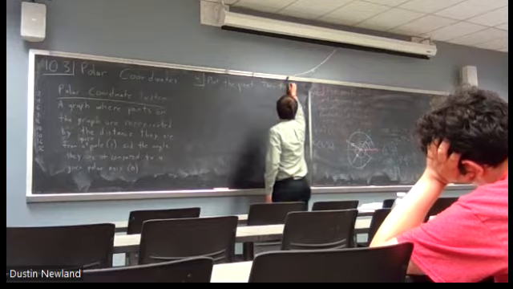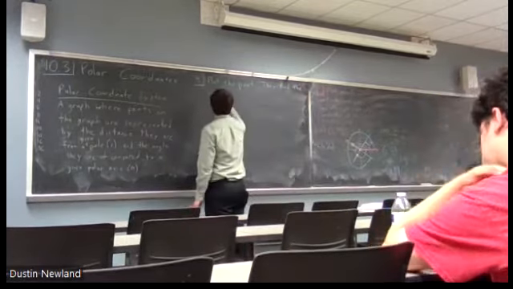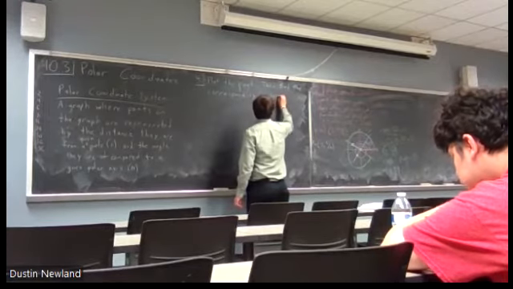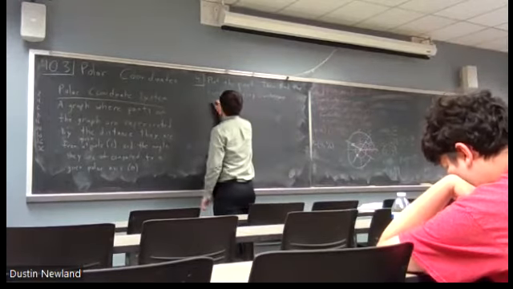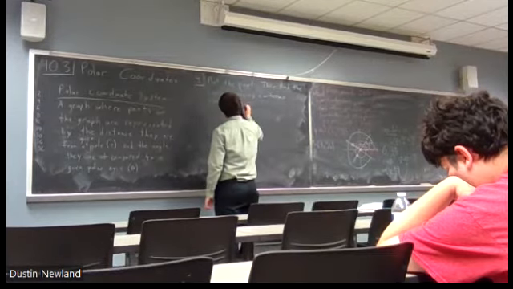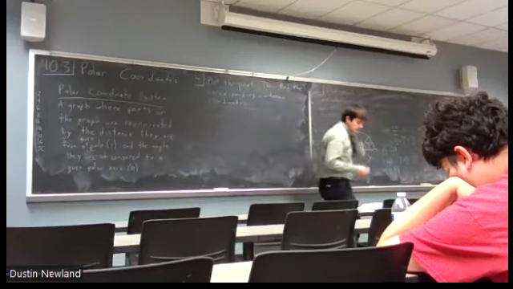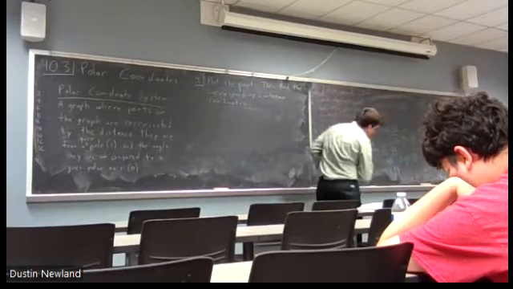Then find the corresponding Cartesian coordinates. Okay, cool. So the example in this case, I'll just do A for now, but if you want me to do another one, we can.